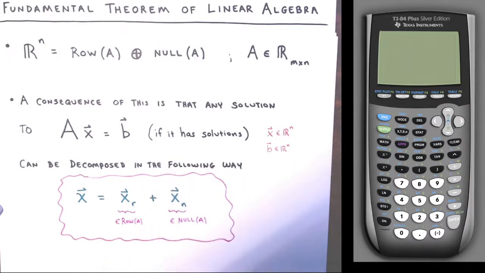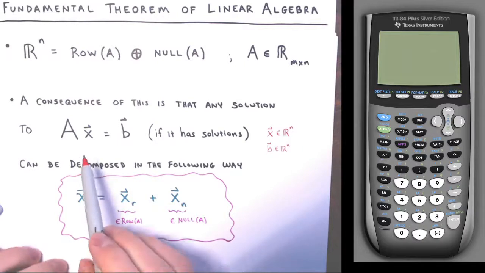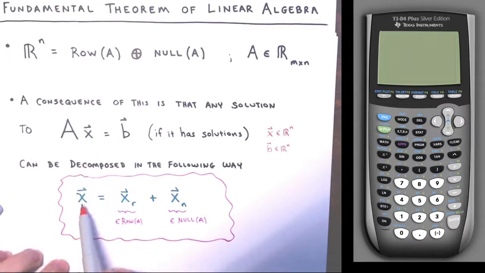Remember the orthogonal decomposition in my last video. I can take any solution x and express it as a vector from the row space, so this is x sub r for row space, plus a vector from the null space of A, x sub n. And I should be able to do this in a unique way for any solution.